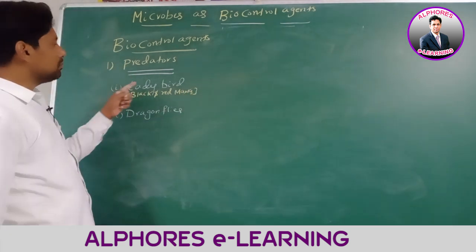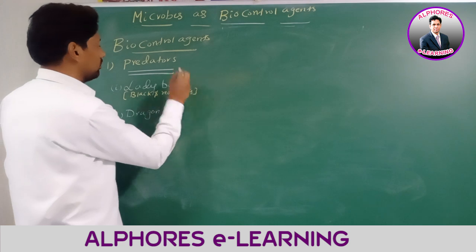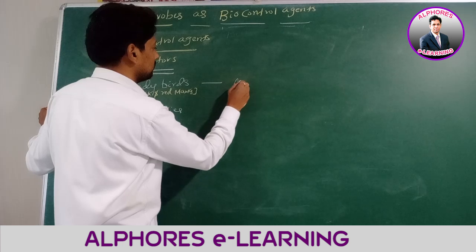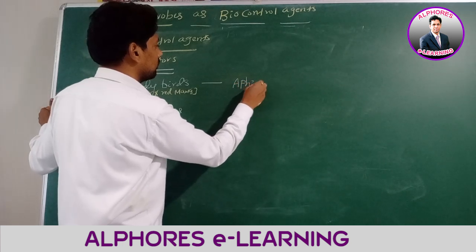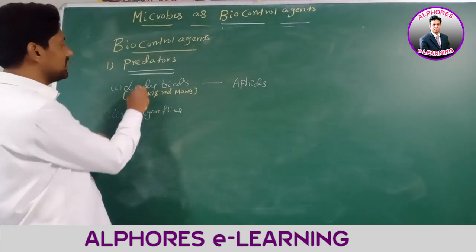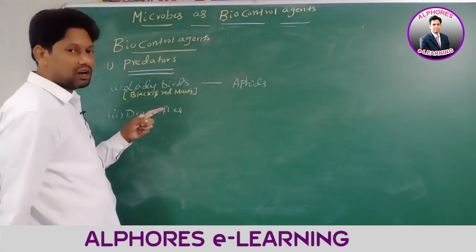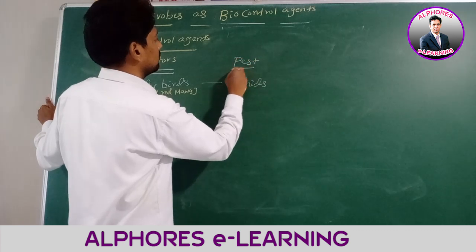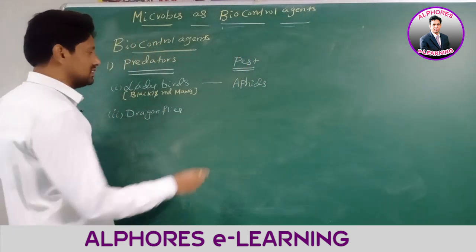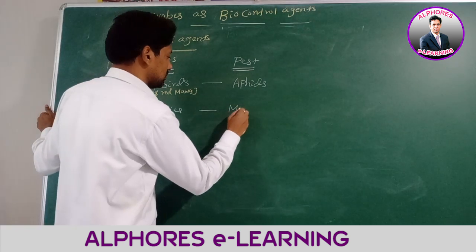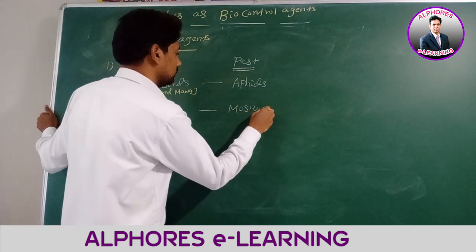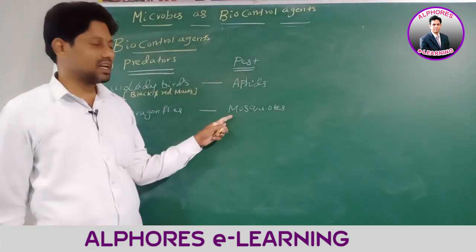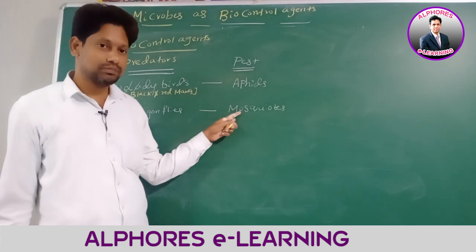What do ladybirds feed on? Aphids. Therefore, aphids become the pest. What do dragonflies feed on? Mosquitoes. Is this statement okay?